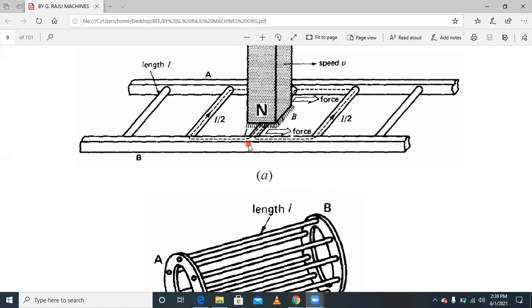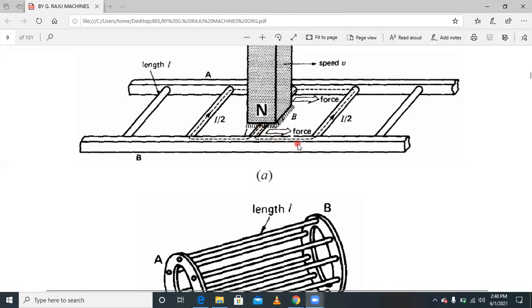So at starting condition, the relative speed between the stator and rotor is maximum. Because of that, the EMF induced in the rotor conductor is also maximum, and the current is also maximum. Because of this current, the Lorentz force acting on the conductor is also maximum.